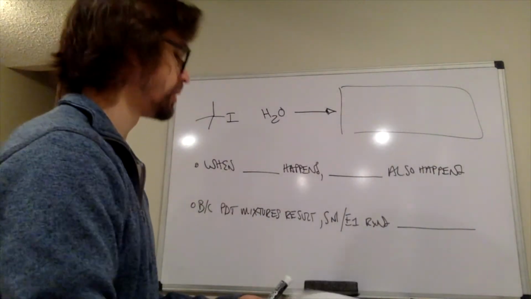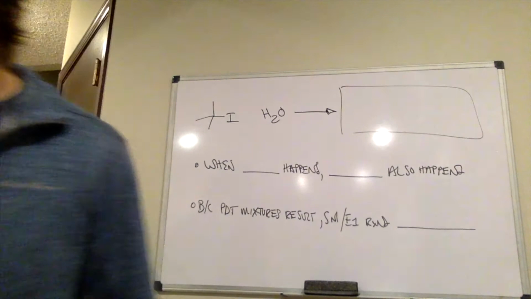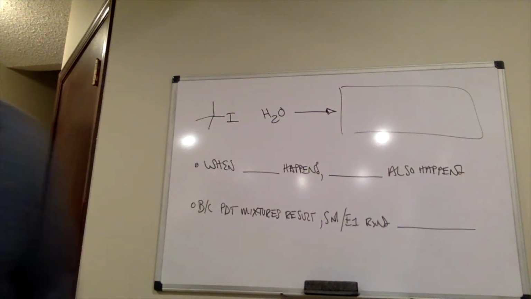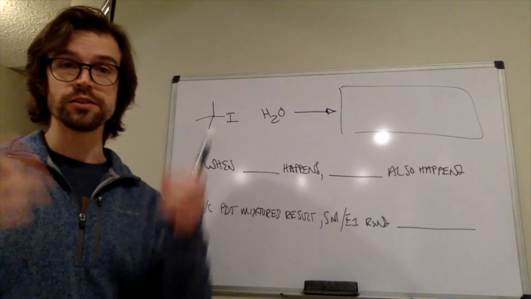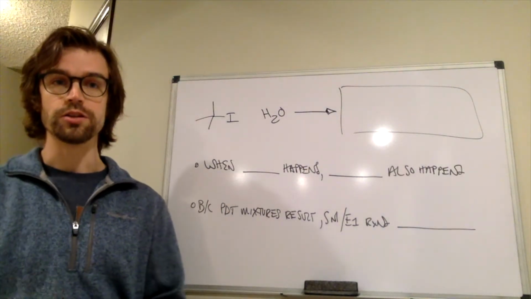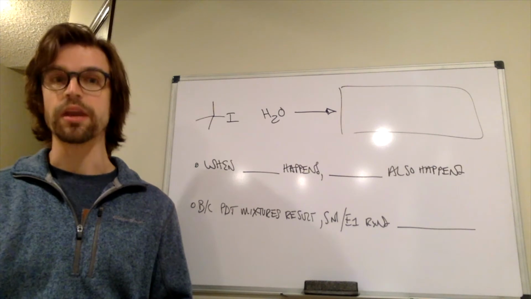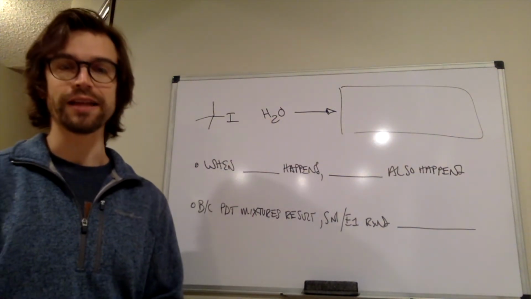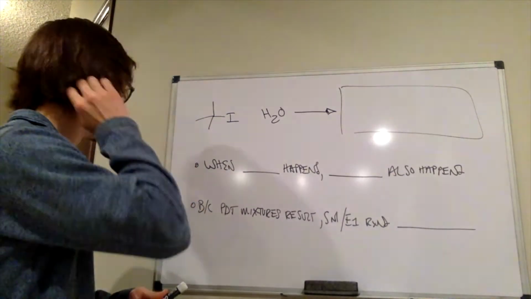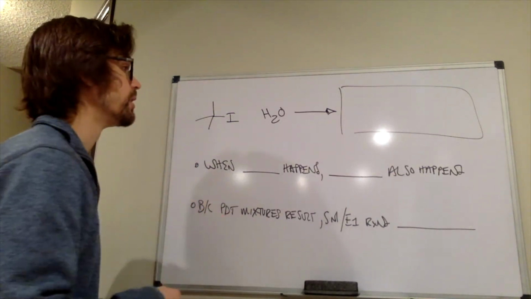What gives? Last chapter was all about substitution, we would have said, oh, we have a tertiary alkyl halide that's too sterically hindered to do SN2 chemistry. The nucleophile can't approach there. And also we have a weak nucleophile. That's not going to be that effective either.